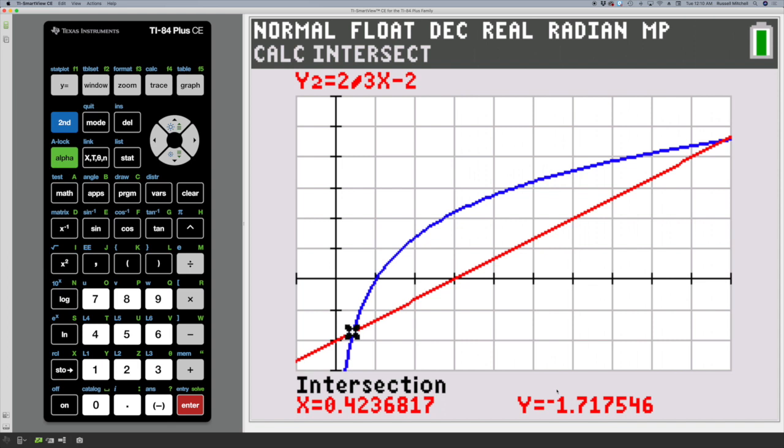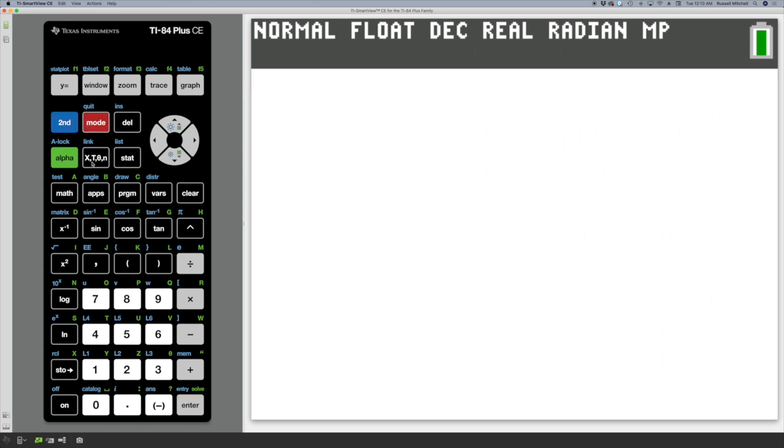So that's why I wanted to store the x and the y. One thing to point out: they place y in a nice place, right here with number 1. So we go to our home screen and we take that x and we're going to store it as alpha a.